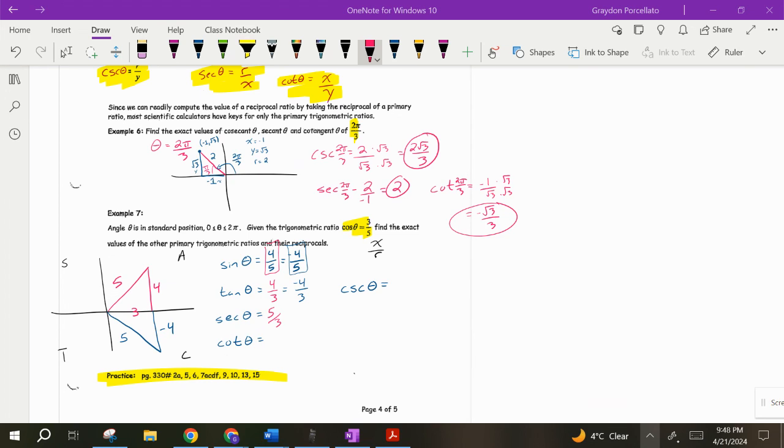So that's going to be either, for the pink one, 3 over 4, and for the blue one, 3 over negative 4. And cosecant is the reciprocal of sine, so that's going to be 5 over 4 or 5 over negative 4. Okay? And those are all of our solutions.